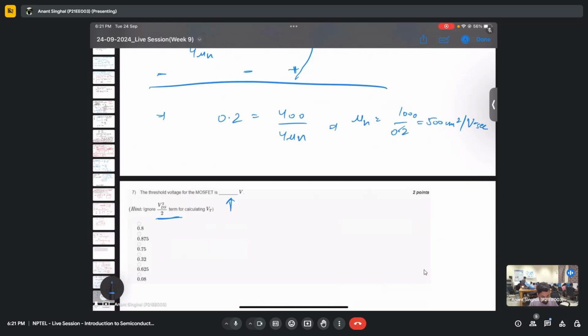We have mu n, we have Cox, we have W by L, we have VGS minus VT, and we have VDS. And we have IDS also, so you need to calculate the VT. Take 2 minutes and then let me know what the answer is.